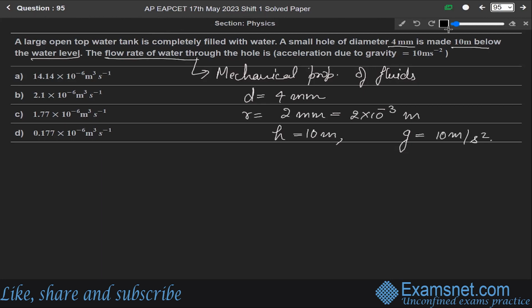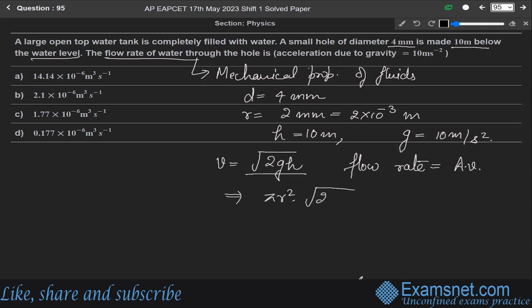Since we know that the velocity for such type of flow of water is given as v equals under root of 2gh, the flow rate will be equal to area into this velocity. So this will be equal to area, which is pi r square, and velocity, which is under root of 2gh.